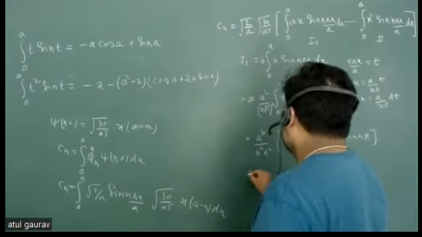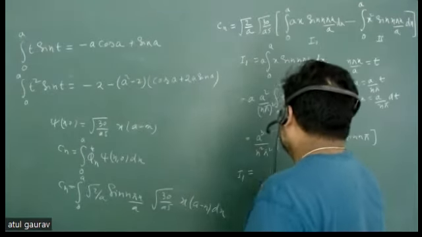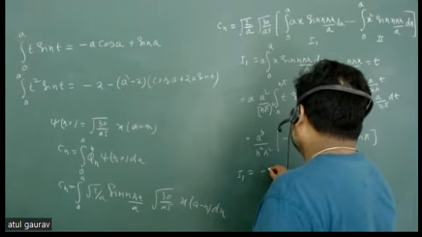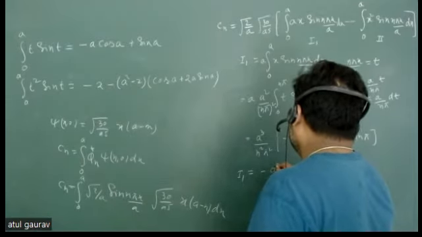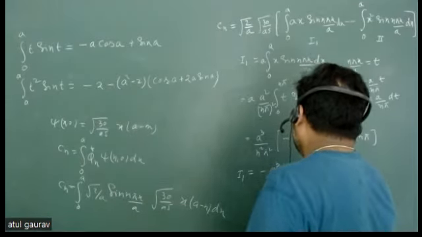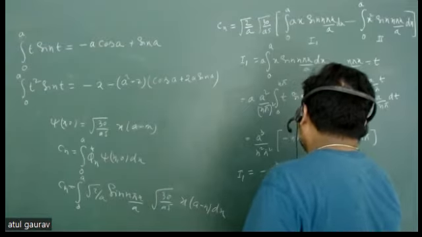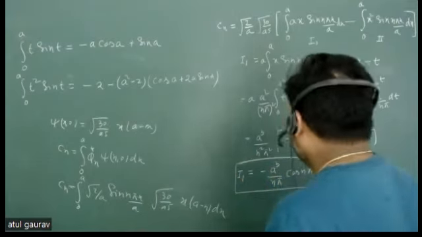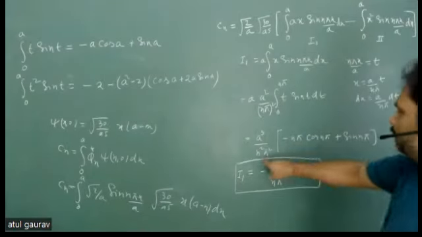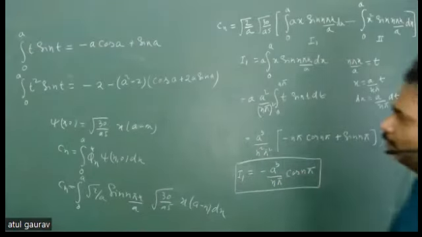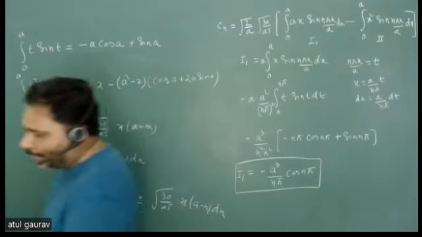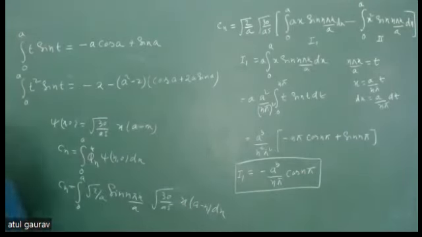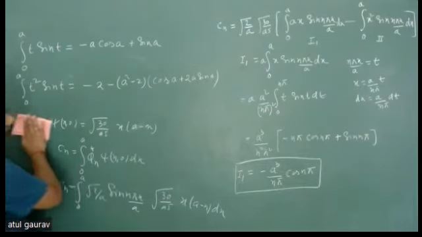So my first integration I1 is equal to minus a cube upon n pi cos n pi. Yes, everyone is comfortable? Not n pi square, this n pi and n pi cancel out. So each and every point you have to be very clear, you have to be very clear at every point for this question.